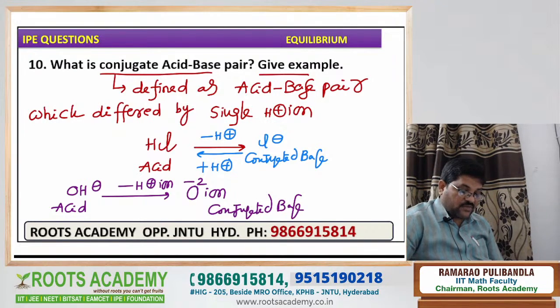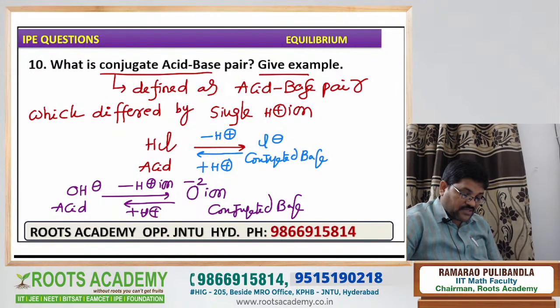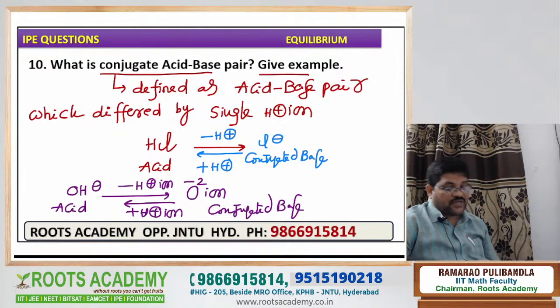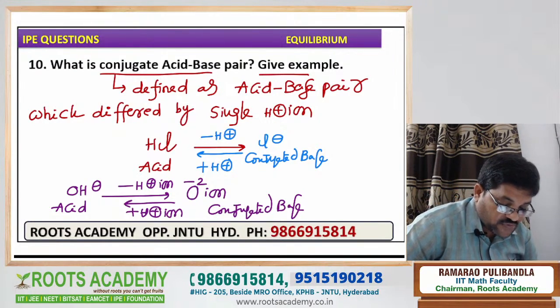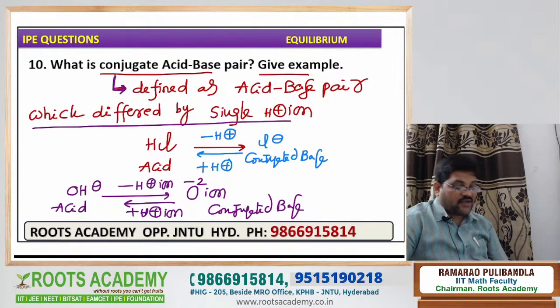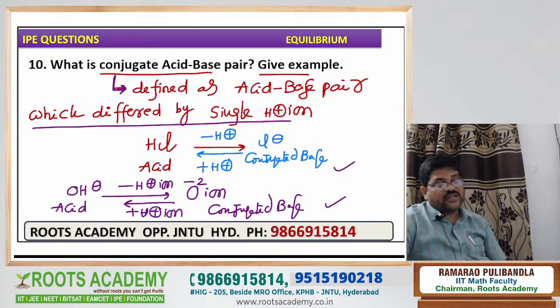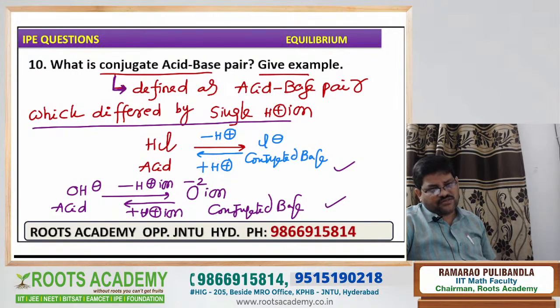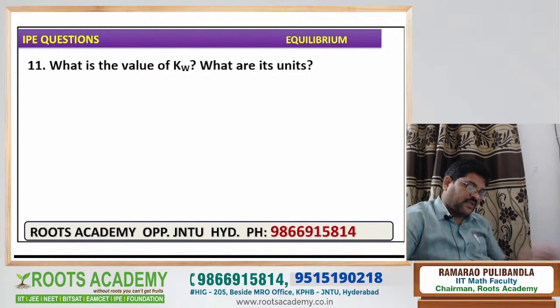Now to this conjugate base, when H plus ion is added, it forms OH minus. So the conjugate acid base pair forms like that. Repeat once again, students: a conjugate acid base pair is defined as an acid base pair which differs by a single H plus ion. If you write the two examples, definitely you get the full 2 marks. It's very easy. And next one.